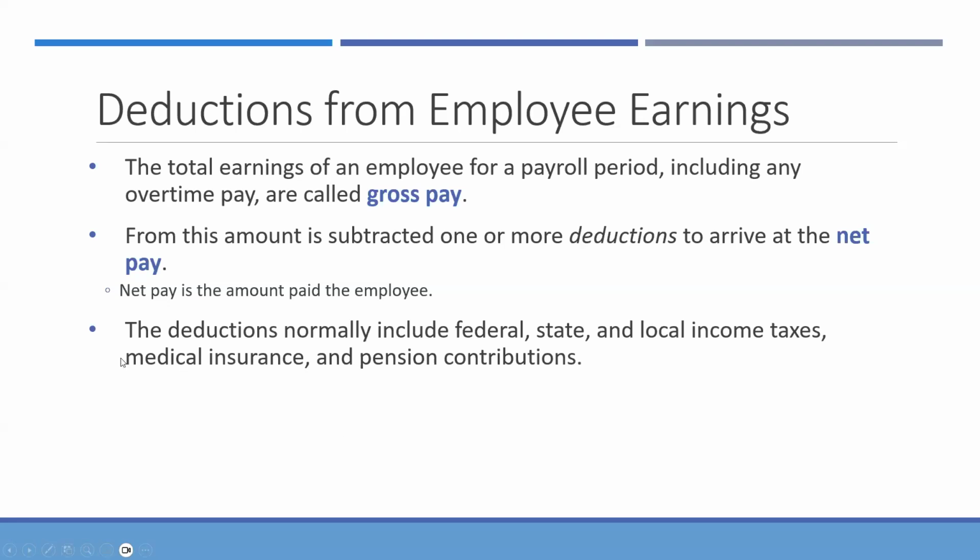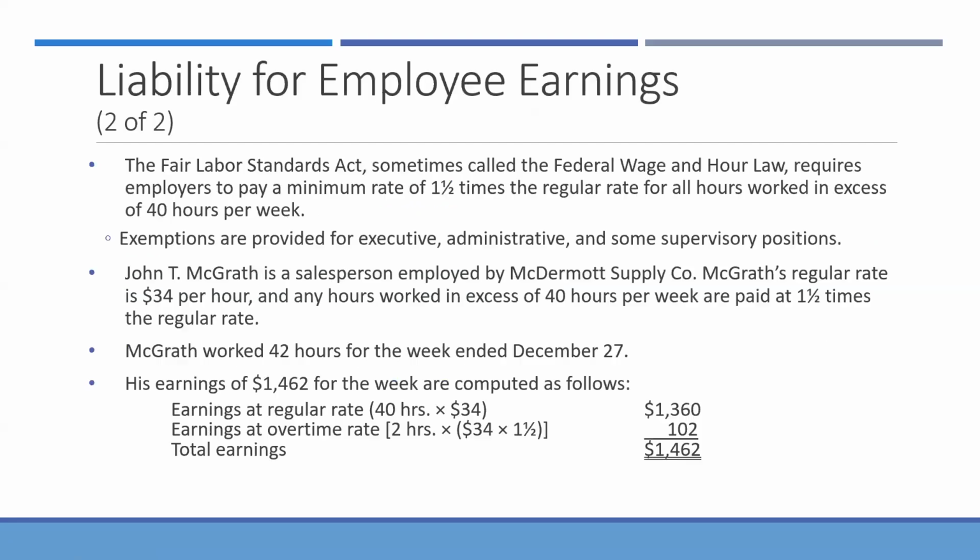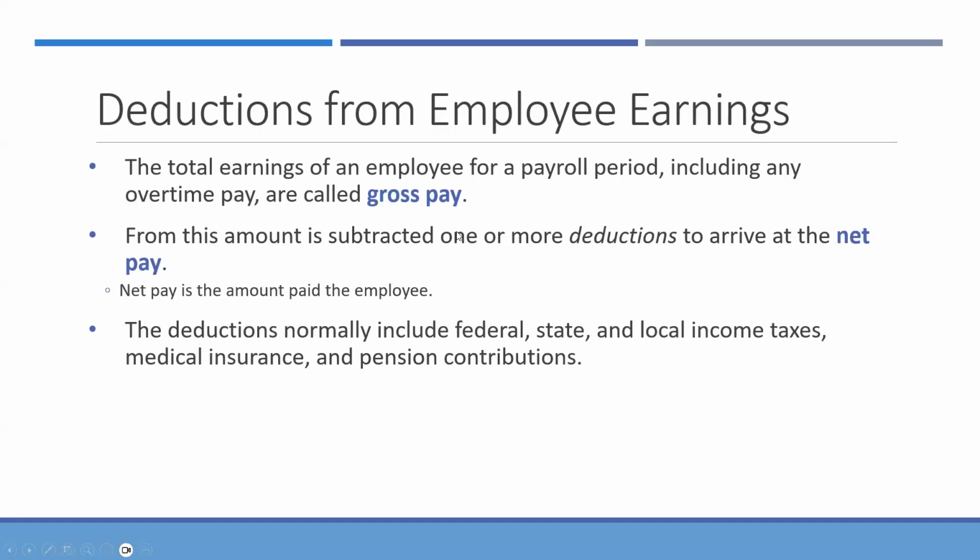I think we're all familiar with the first paycheck shock of, oh yeah, I'm getting paid this amount an hour, I should be getting paid $1,462, and then the amount that actually comes in is less than $1,000. And it's like, okay, what's going on here? That's because of all the payroll taxes, the health insurance, everything. It all comes out, and any 401k pension contributions, and then that arrives at the net pay.